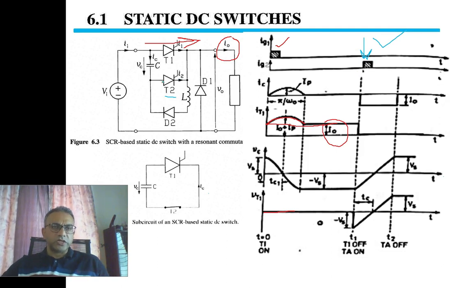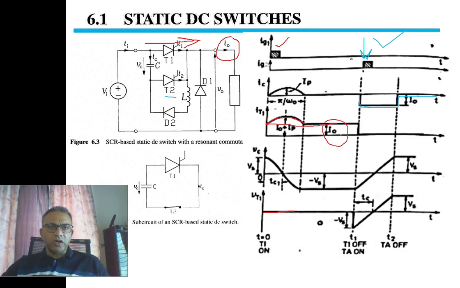thyristor T2 is a short circuit, and the capacitor enters into transient, it becomes a short circuit, and therefore it allows the main current to flow through the capacitor through T2 into the load.